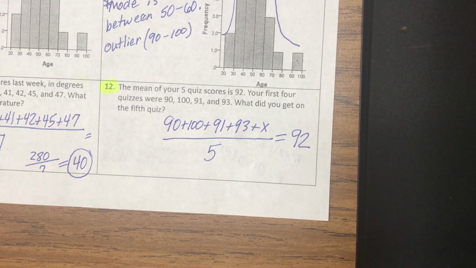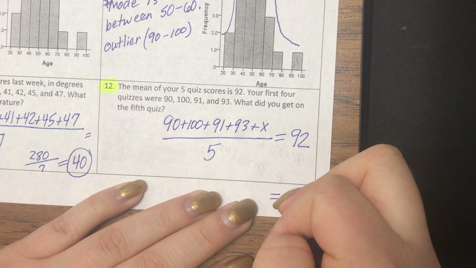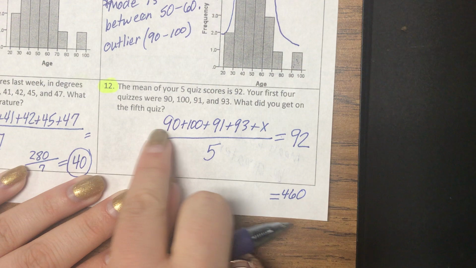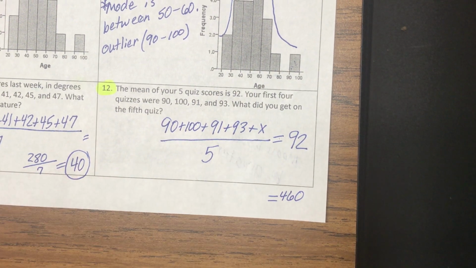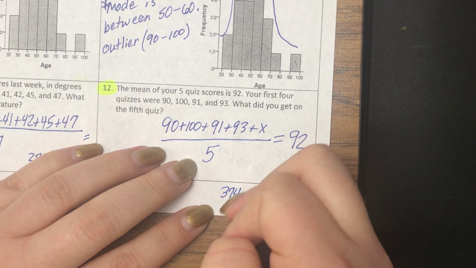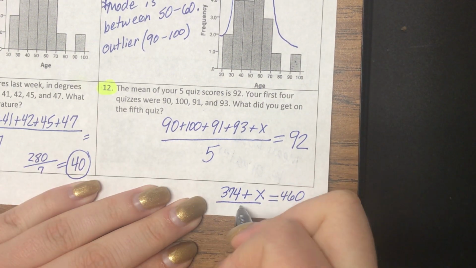So 92 times 5 equals 460. Now we need to add these numbers together to see what's left on top. So we have 90 plus 100 plus 91 plus 93, so we've got 374 plus x divided by 5.